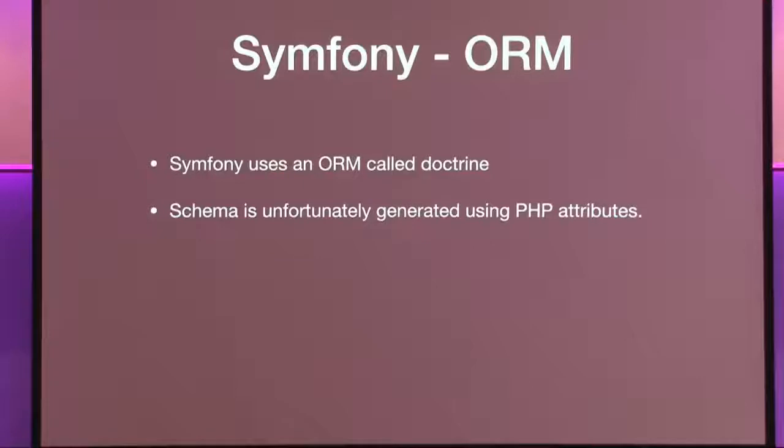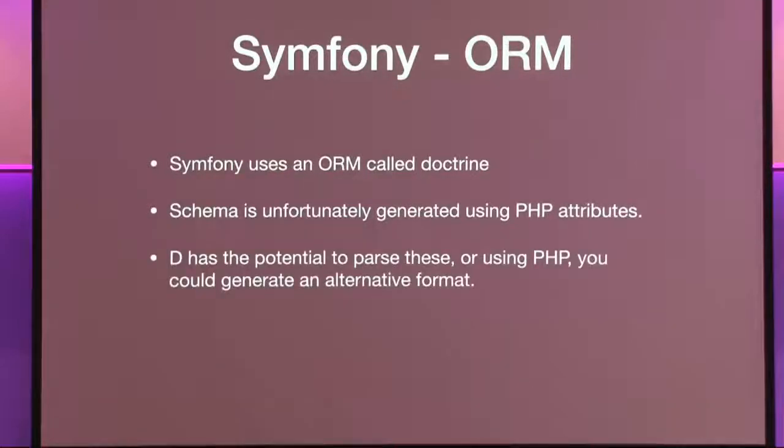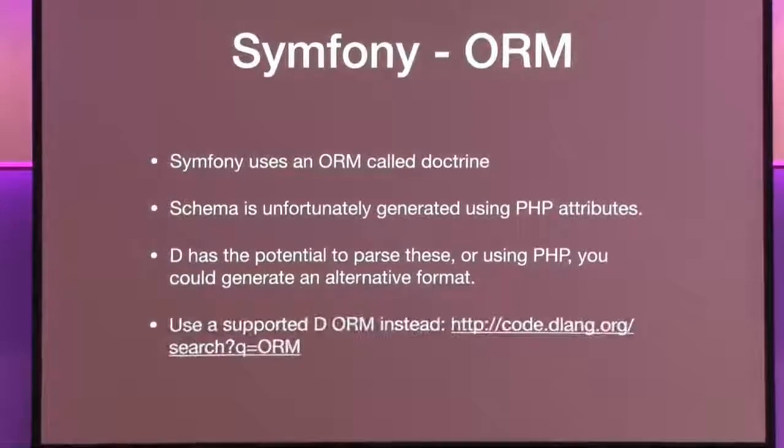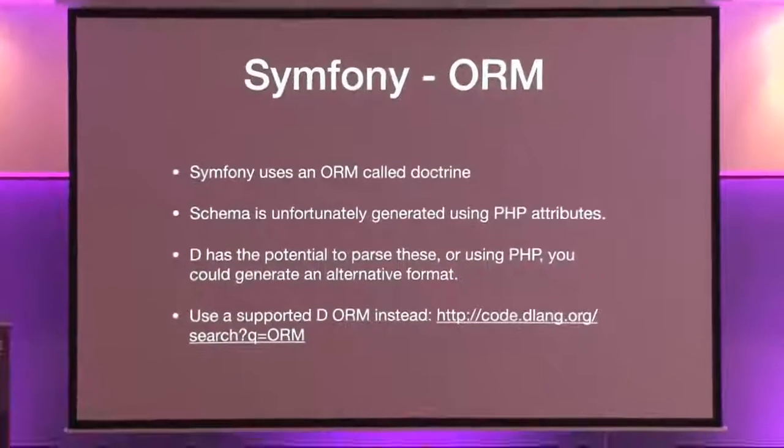So if you were using this and you wanted to port to vibe.d, D has the potential to parse PHP code. I suppose you could just do it enough to pull out the attributes. Or using PHP, you could generate an alternative format that you would then read so you could connect to the database. You may keep wanting to use Symfony's capabilities or Doctrine's capabilities to generate your database types. Or you could use a D-supported ORM instead.